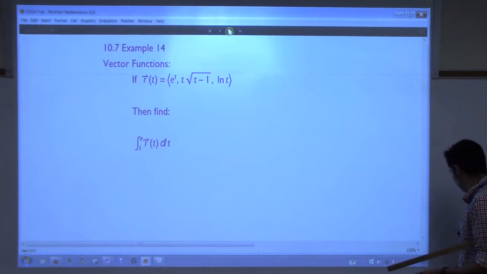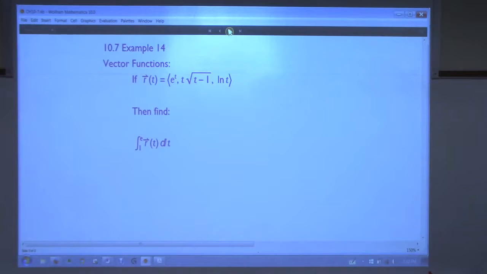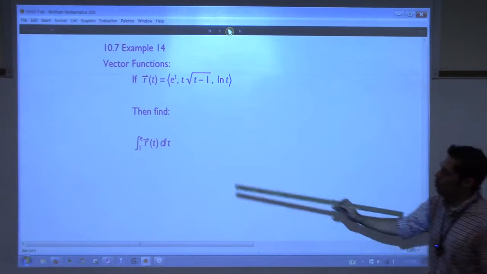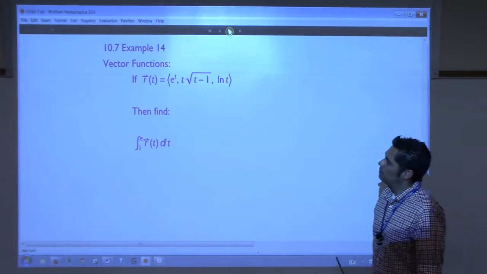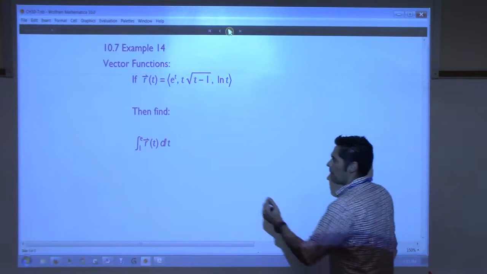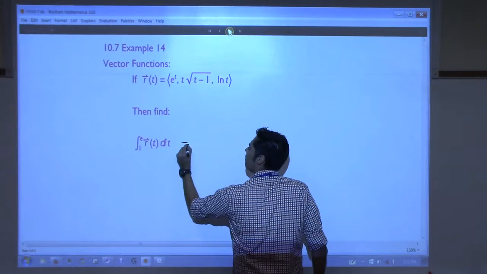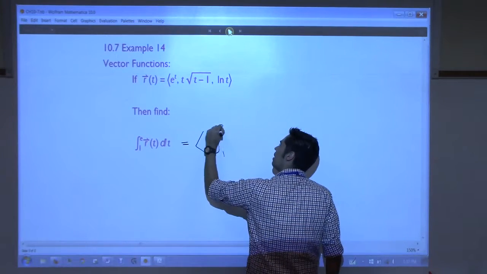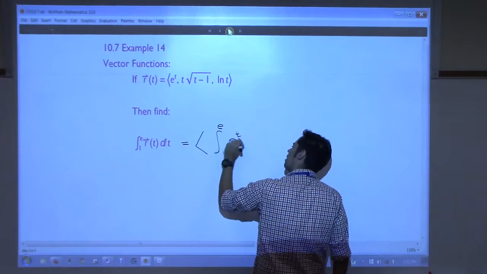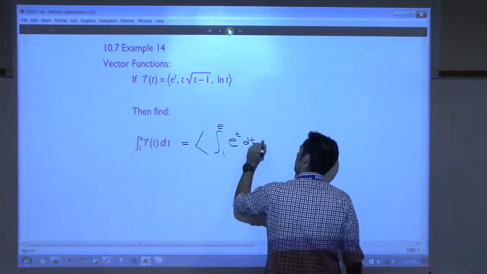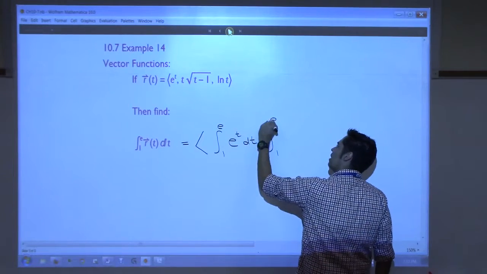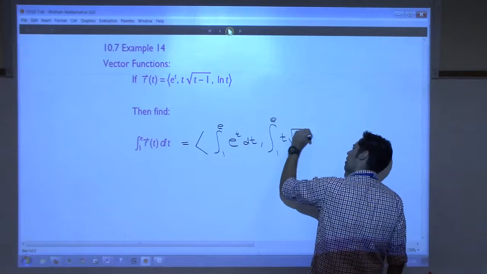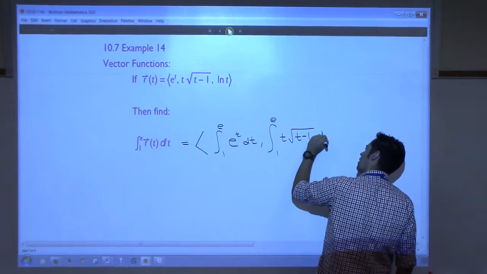So here's an example. Let's integrate this from 1 to e. So that means I want to take the integral from 1 to e of e to the t dt. I want to do the integral from 1 to e of t square root of t minus 1 dt.